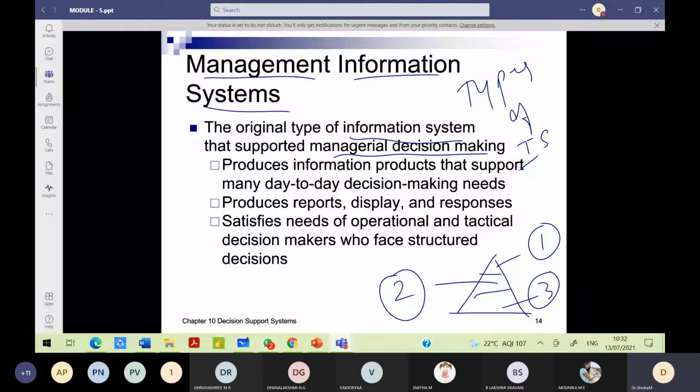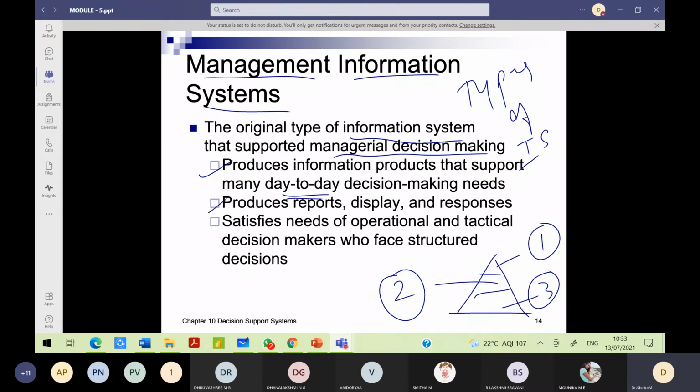Yes. Okay, good. So this produces information products that support many day-to-day decision-making needs. And it is not necessary that decision-making needs to be done only at the end of every month, or every 6 months, or on a yearly basis. Sometimes it becomes necessary that decision-making becomes a routine process even for day-to-day activities as well.